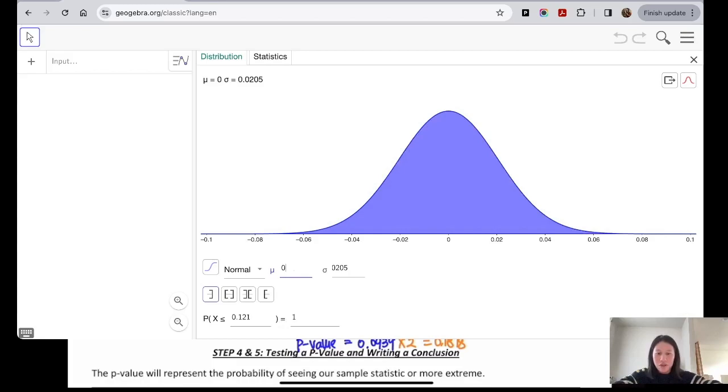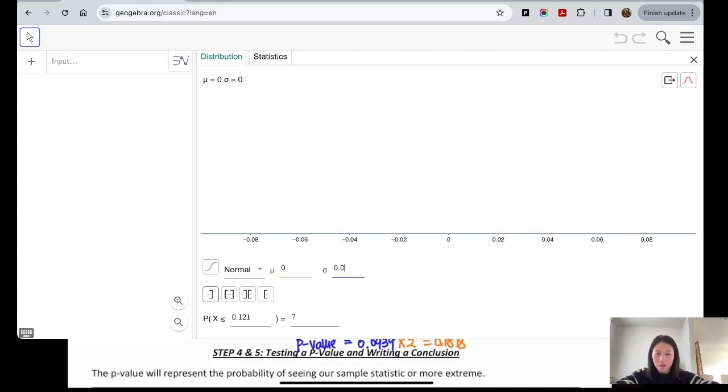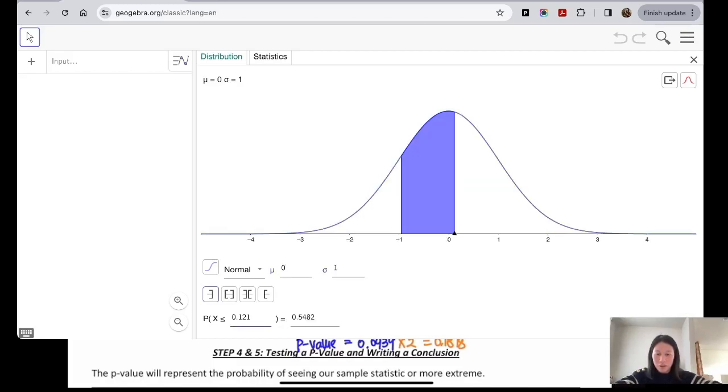Now, let's use GeoGebra to test if we got the same. So our mu is 0, sigma is 1, and then less than negative 1.317. So we got the same result because they both equal 0.0939.